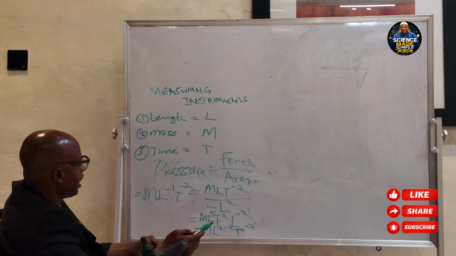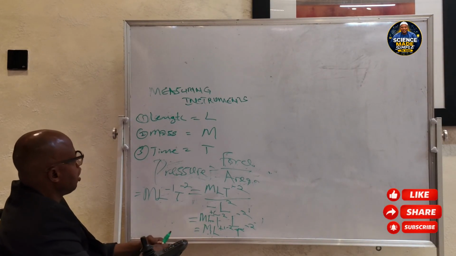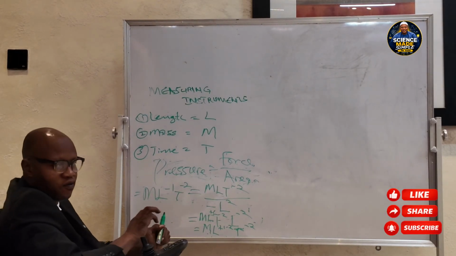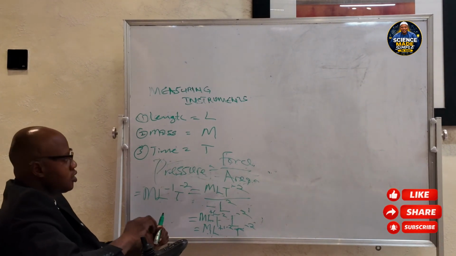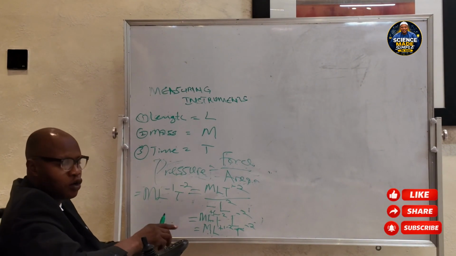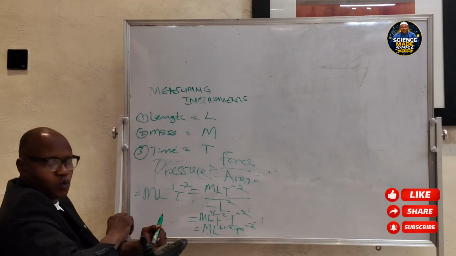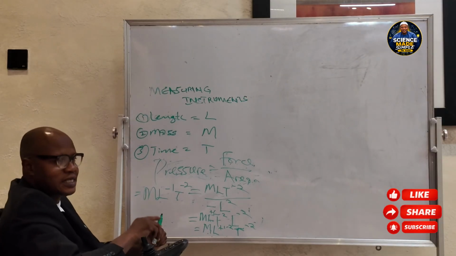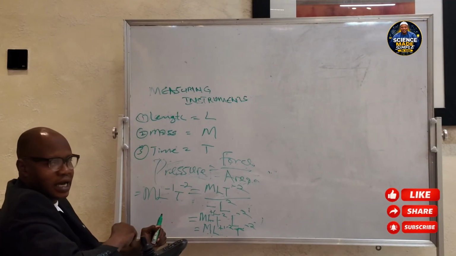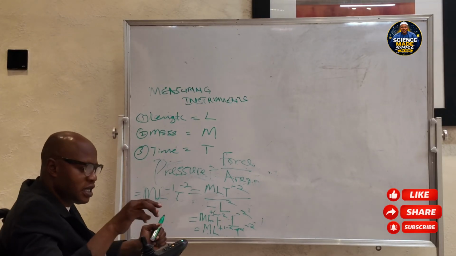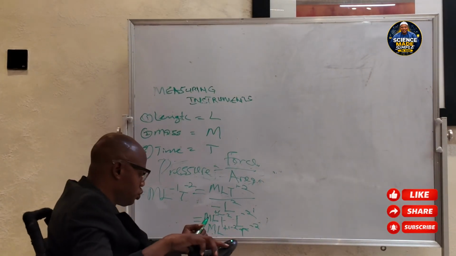You can also try to do that of density on your own. Density is mass over volume. Mass, you represent with capital letter M. Volume, from what we earlier discussed, is length times breadth times height. Everything is in length, so that one is L cube.